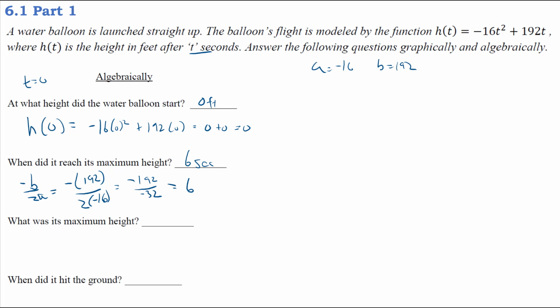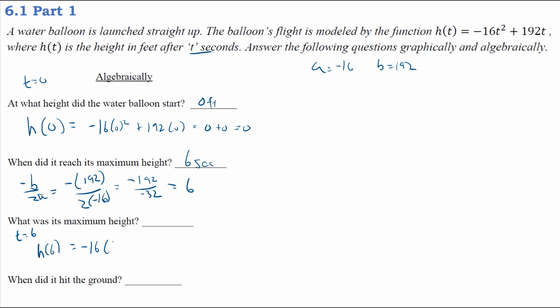Okay, so what was its maximum height? What was the maximum height that we actually went to? Well, if we know we reached our maximum height at 6 seconds, then let's set up t equals 6. So we're going to say h of 6, and replace every t value with a 6.